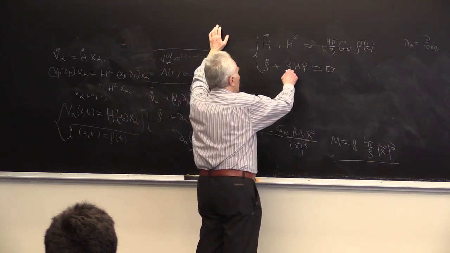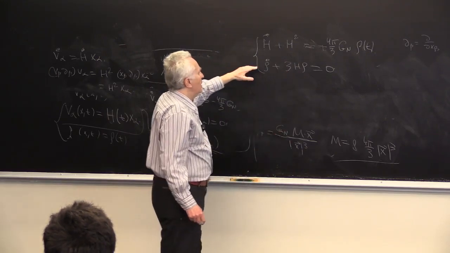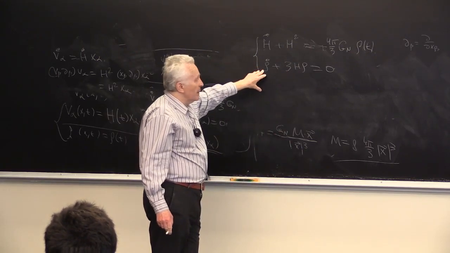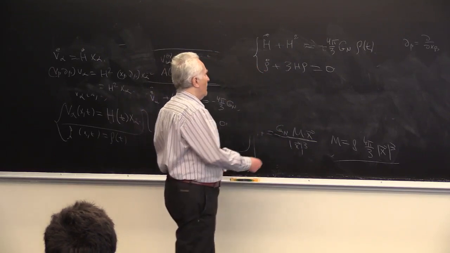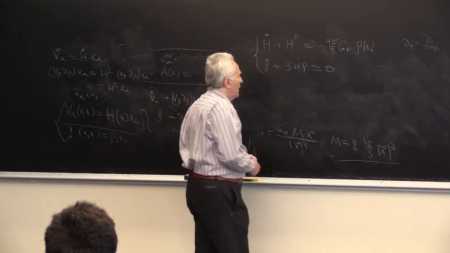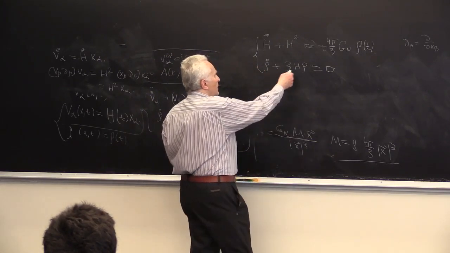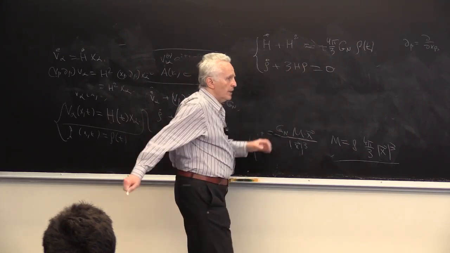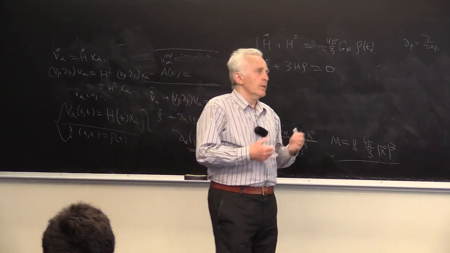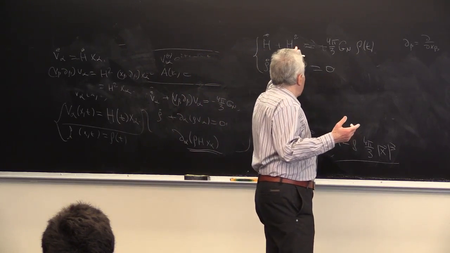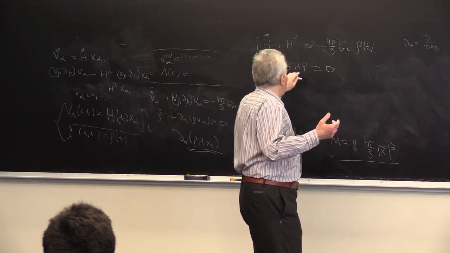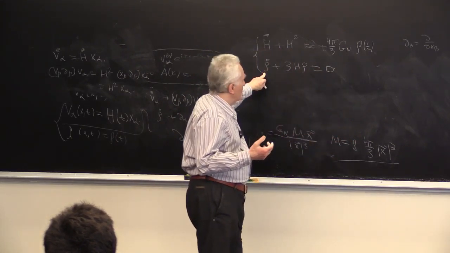First of all, the meaning of this equation is very simple. You can always integrate it and express rho in terms of h. For instance, suppose for one moment, it's inconsistent with this one, that h is a constant.